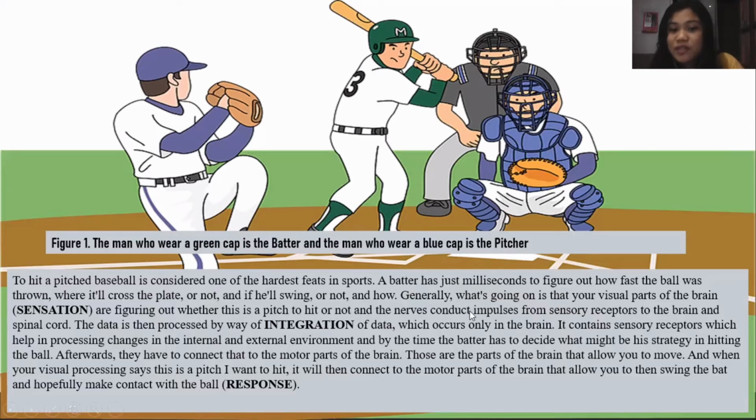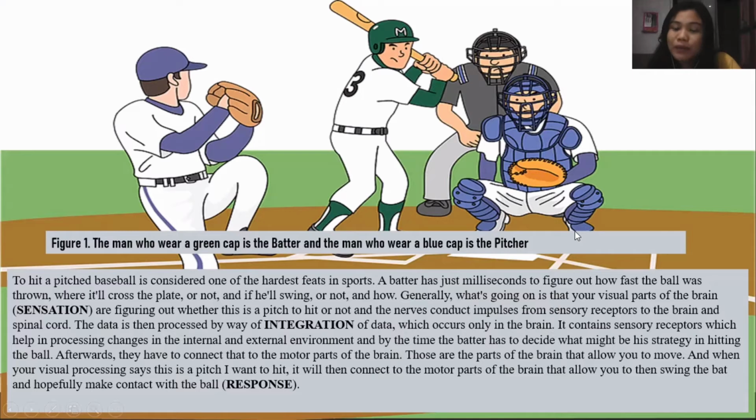And the nerves conduct impulses from sensory receptors to the brain and spinal cord. The data is then processed by way of integration of data, which occurs only in the brain.